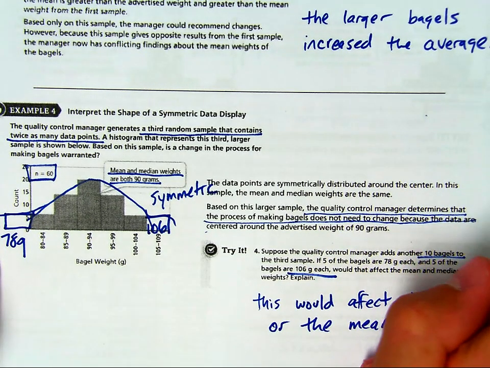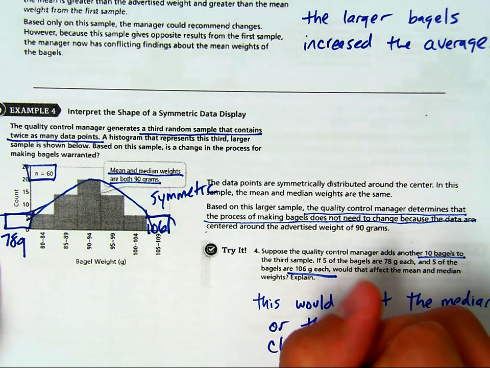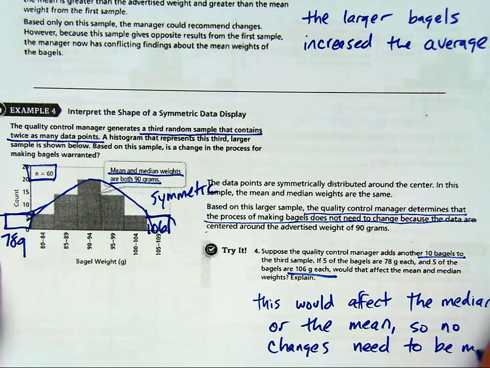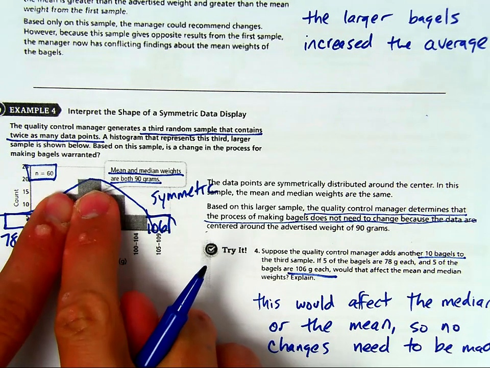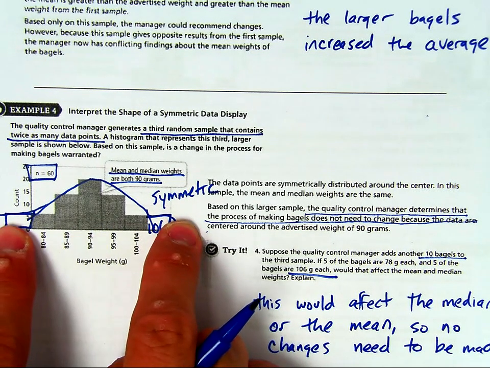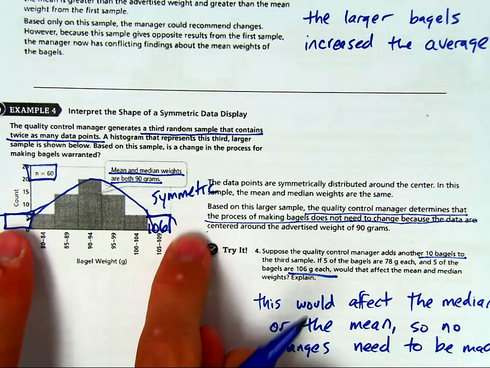So no changes need to be made. Okay. Because we added 5 on each side, the mean is still going to stay the same. Okay, it's not going to skew it right, it's not going to skew it left, and the median is still in the middle because we added 5 to each side. Okay, so we can still say it's good.